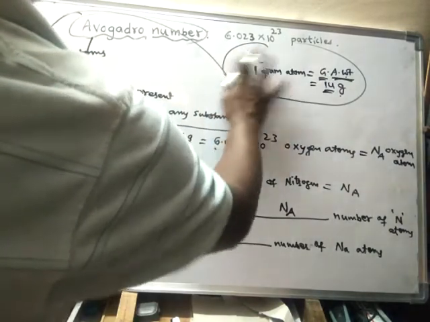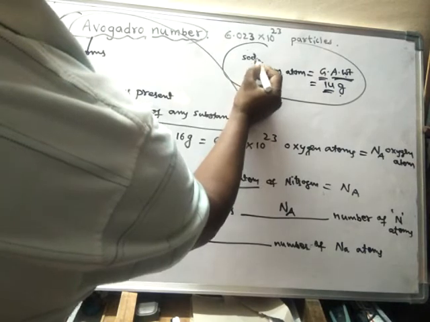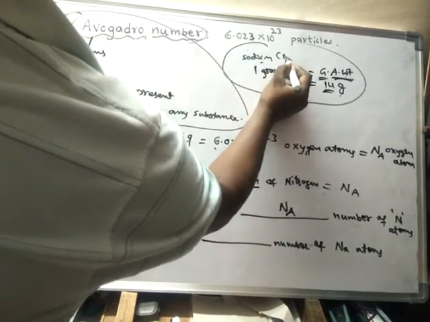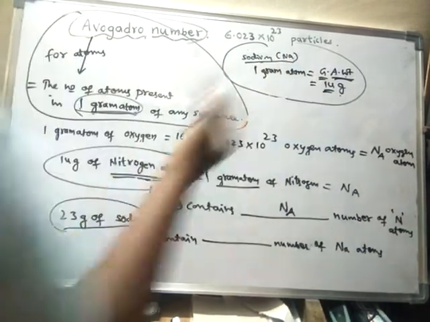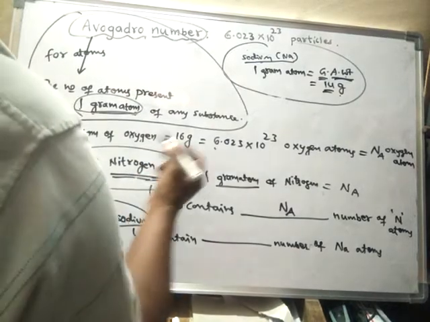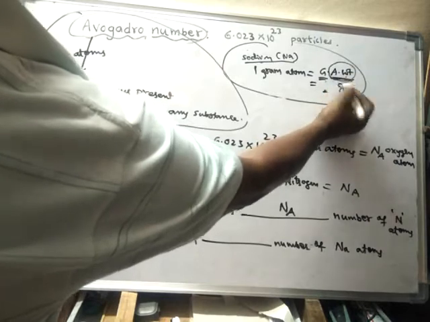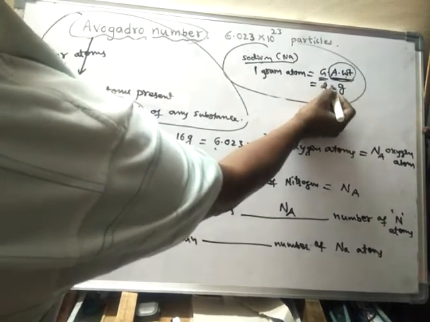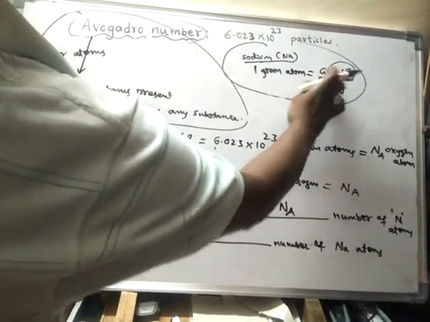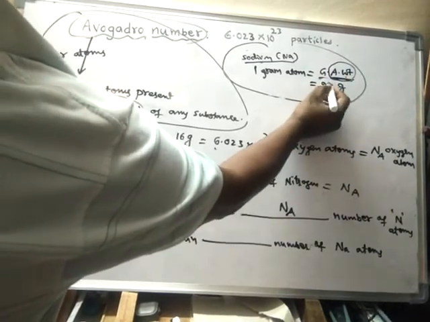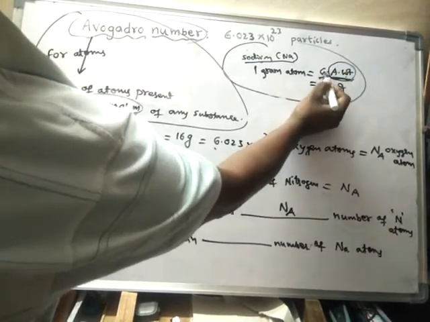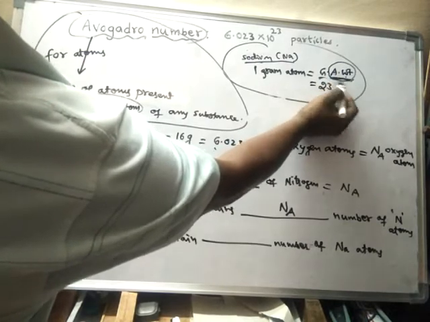So if it is sodium, what is the symbol of sodium? Na. Then 1 gram atom of sodium will be how much? What is the atomic weight of sodium? It is 23. Gram atomic weight means atomic weight in grams.